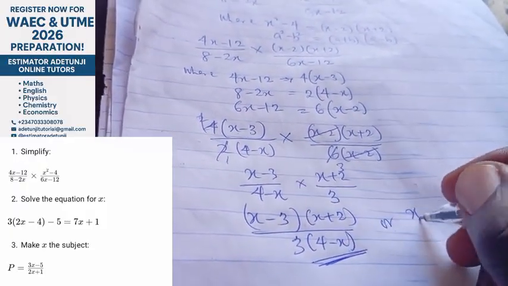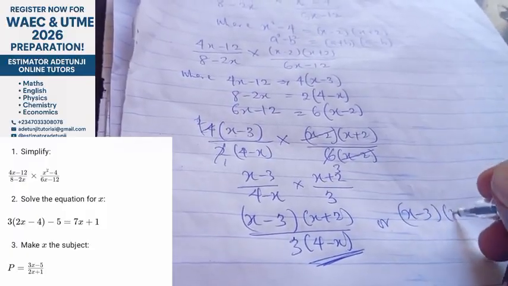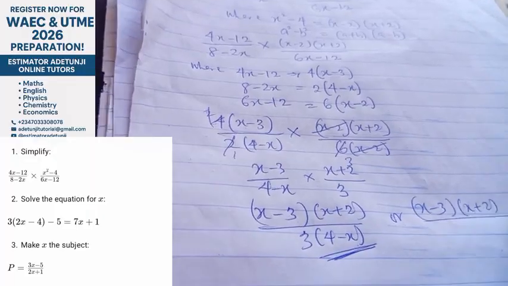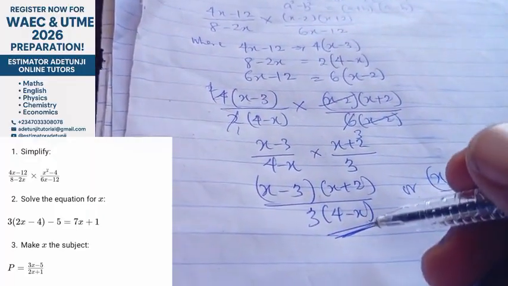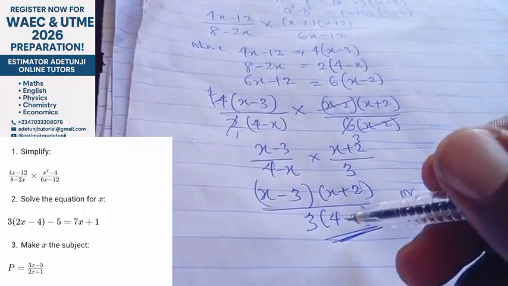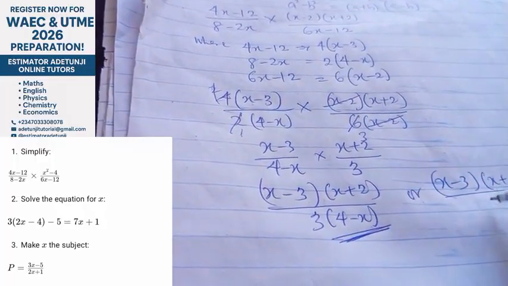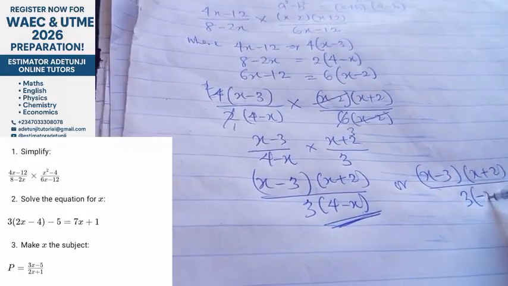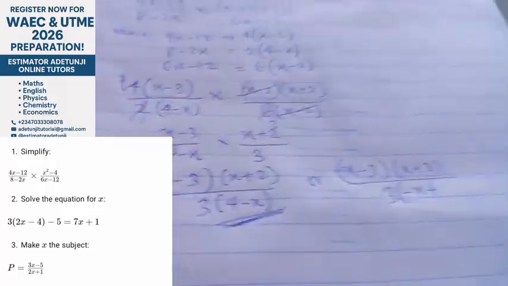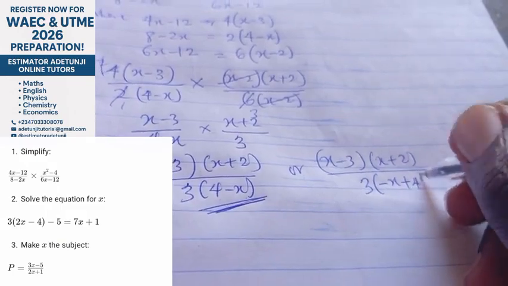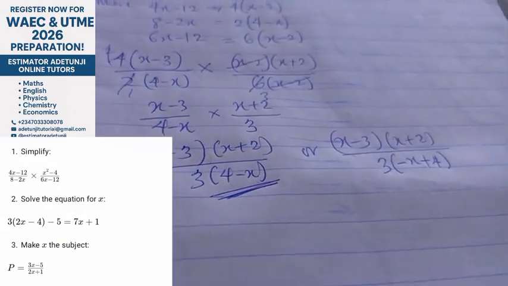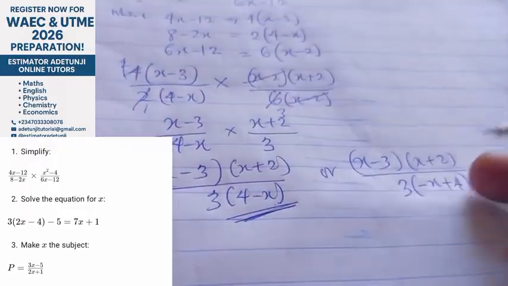So in that situation, we have (x minus 3)(x plus 2). When I say I want to factorize this minus, remember I can rewrite this 4 minus x as minus x plus 4. That is, I can have minus x plus 4 here. You can see I have factorized, and likewise I can factorize minus from this value.